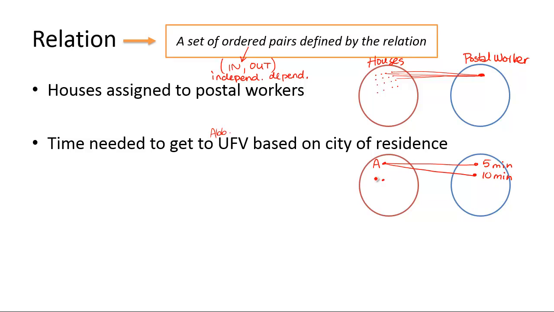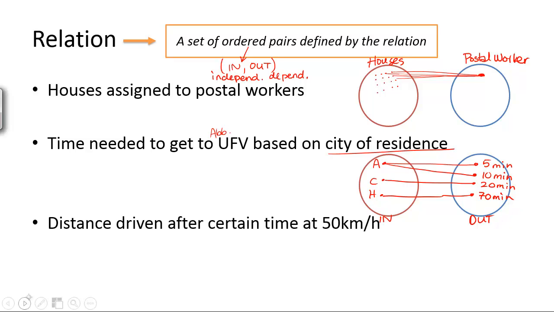Someone from Chilliwack could say it takes them 20 minutes. Someone from Hope could say 70 minutes. So you can see there's a relationship there between the city of residence, which is the independent, and the time that it takes, which is your output.